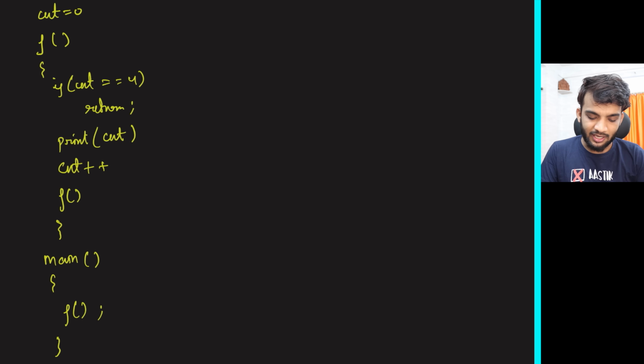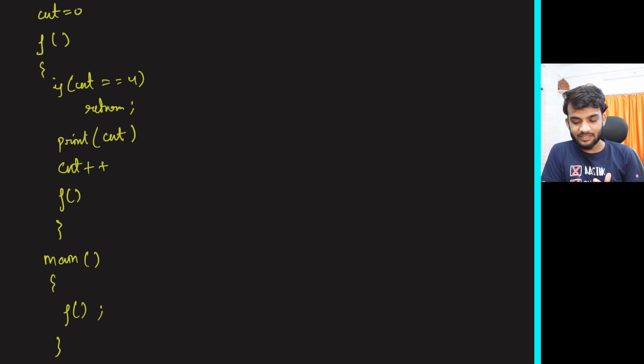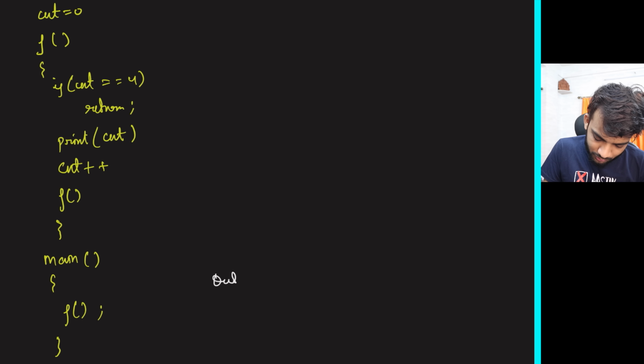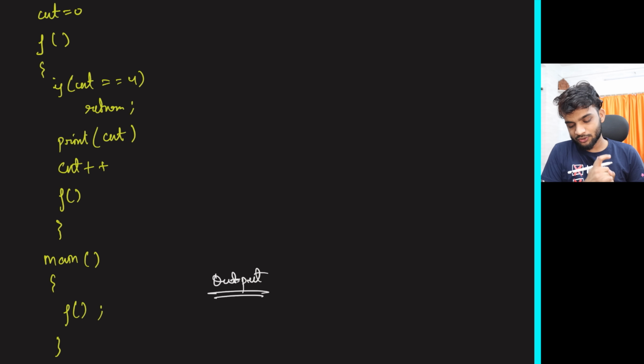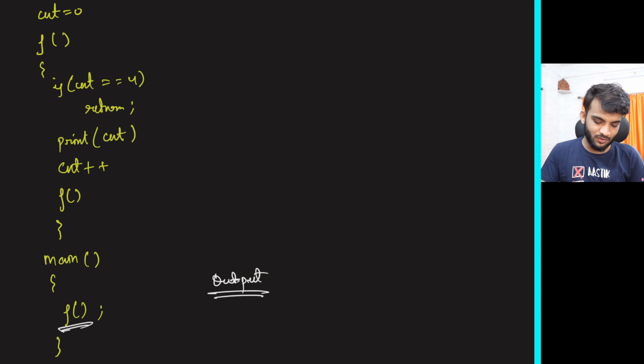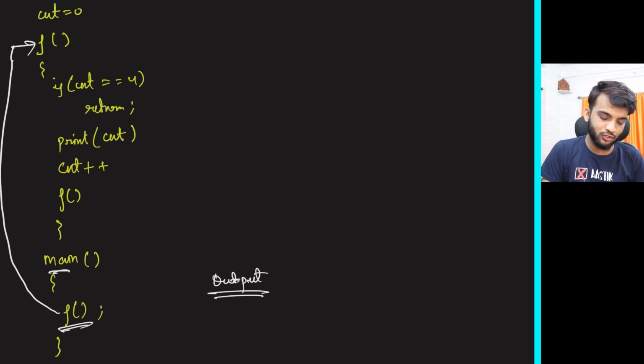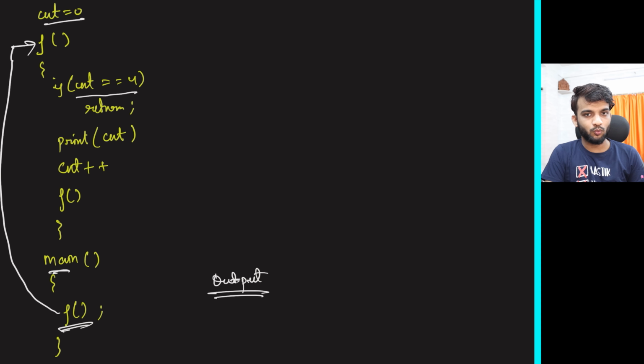So if I ask, how will this work? Let's understand. Let's first keep the output screen. Let's see how this works. I'm saying function. This function is called via main. So it goes and calls this particular function. What's the first line? Counter is equal to 4. Is it? Counter is 0. So counter is not equal to 4.